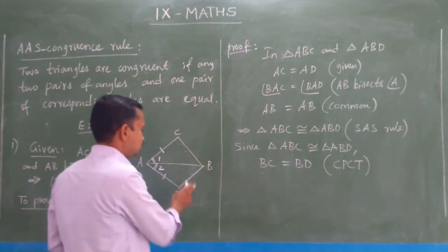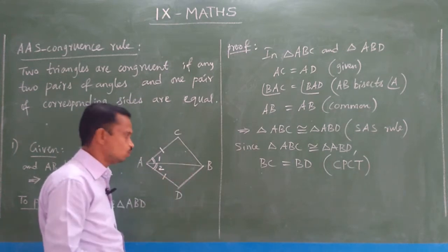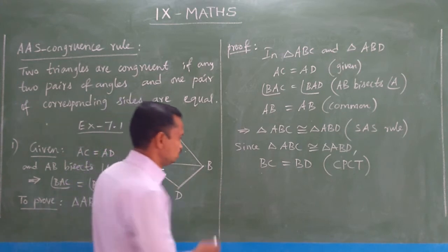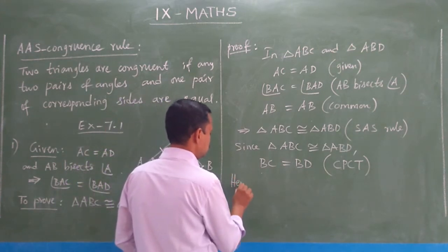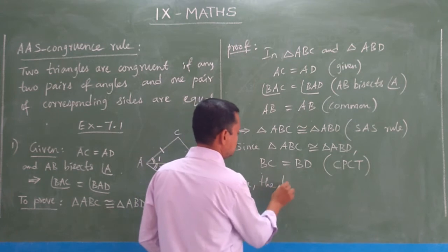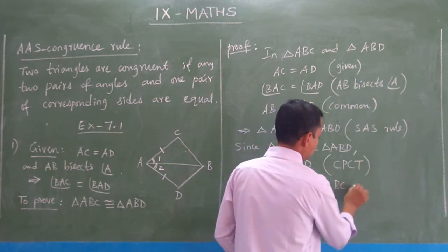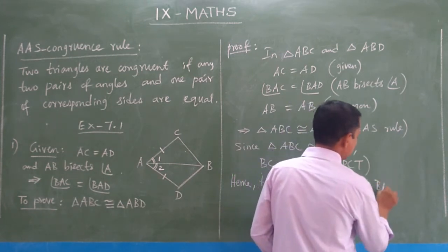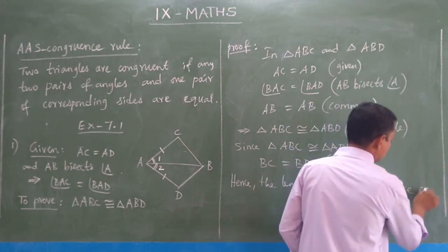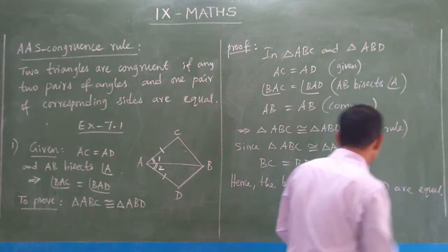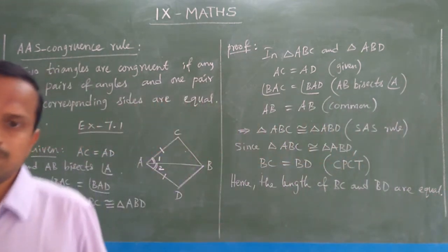The remaining parts of sides are also equal. So now we can say the lengths of BC and BD are equal. So hence the lengths of BC and BD are equal. So that we can give the conclusion about BC and BD. So that's the first question over.